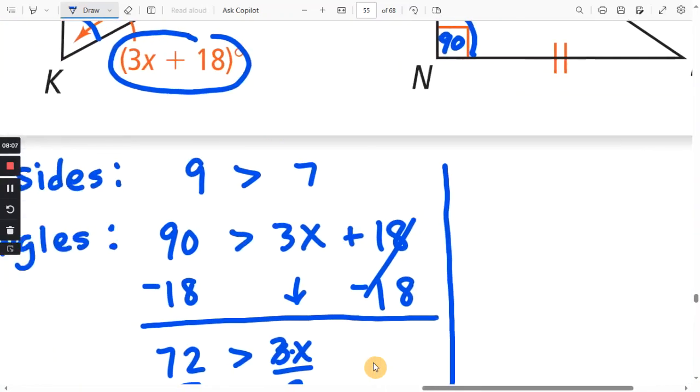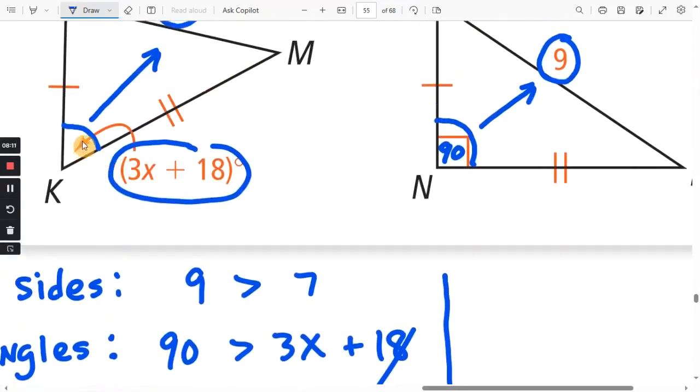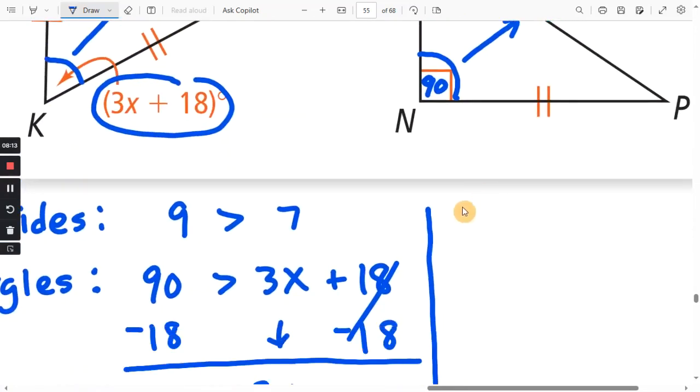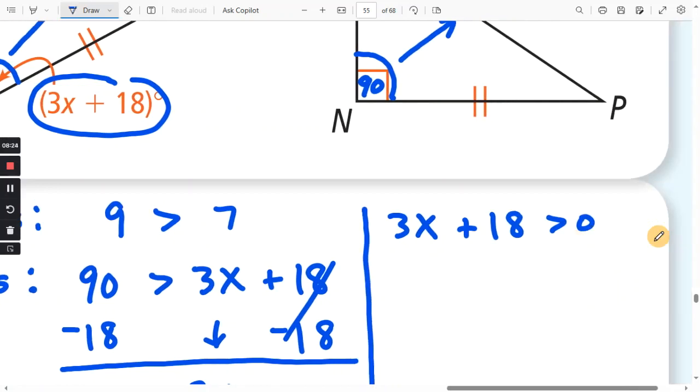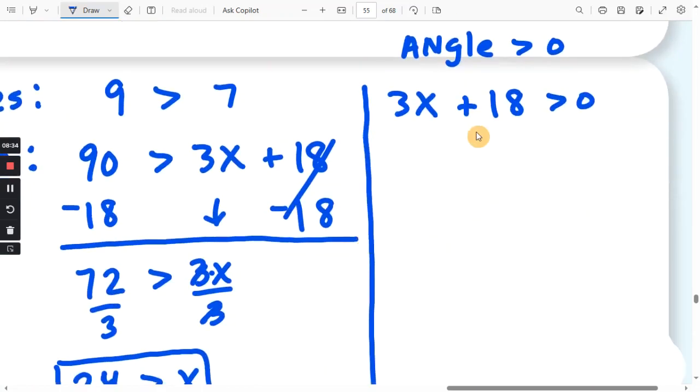All right, the angle has to be greater than 0. The angles can't be 0 or negative, so 3x plus 18 is greater than 0. So 3x plus 18, the opposite is minus 18.